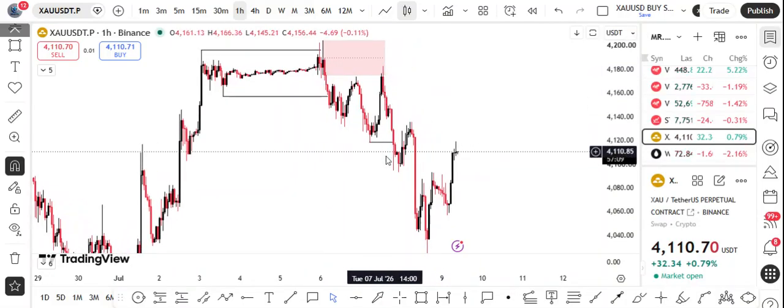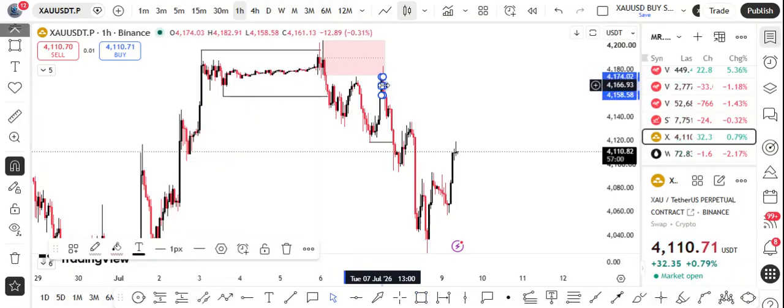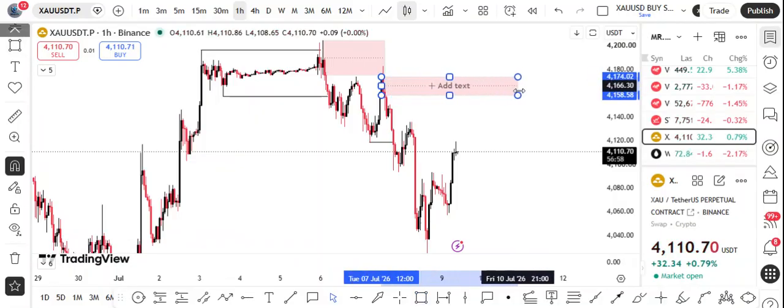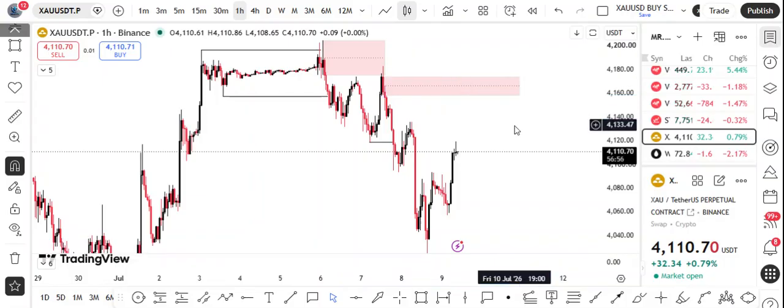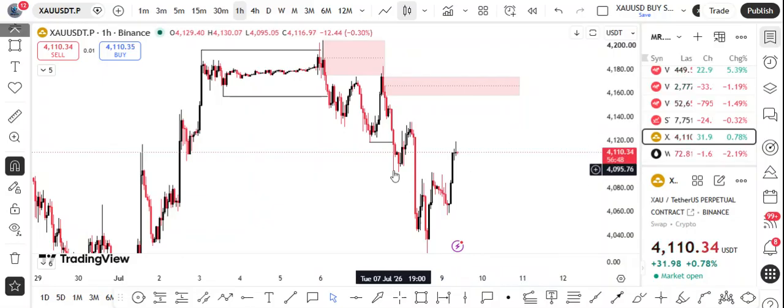From here, we violated this low again, and what happened? This is our order block. So this order block here is our current POI, not actually current because we continued breaking.